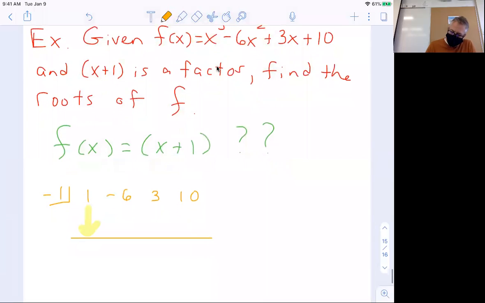So we'll bring the first 1 down. Multiply, -1 times 1 is -1, and add down. Multiply, -1 times -7 is 7, and add down.